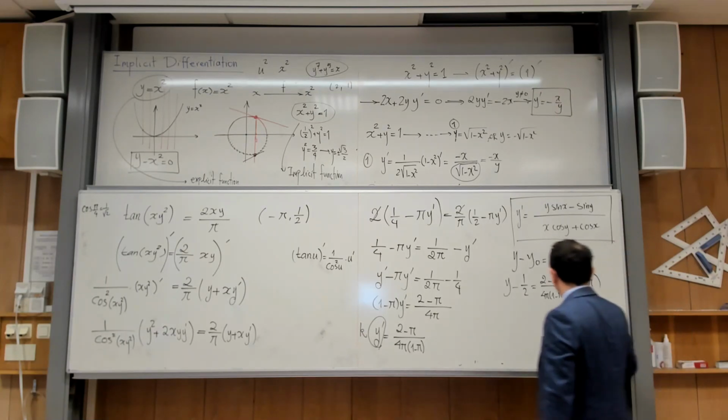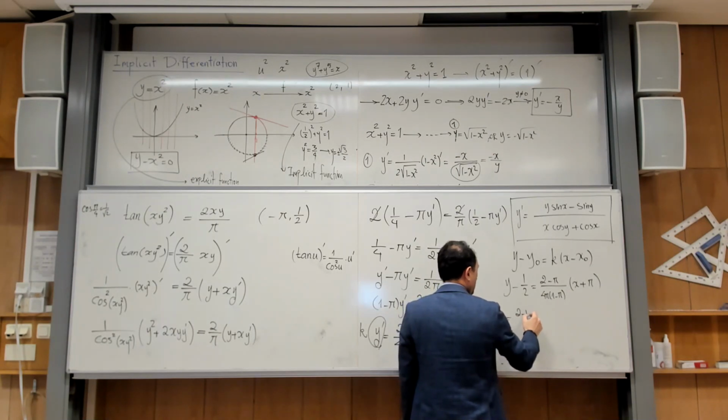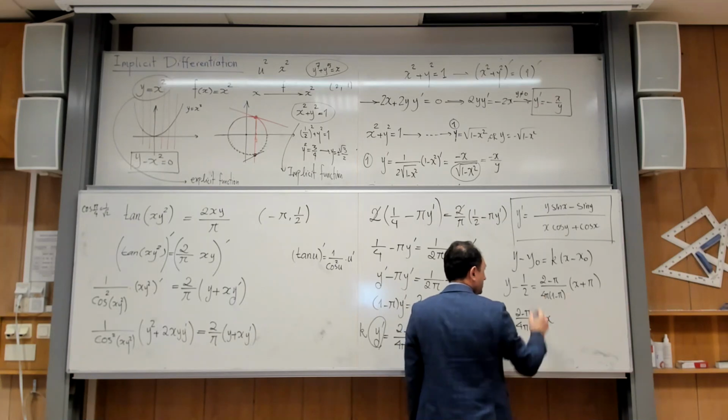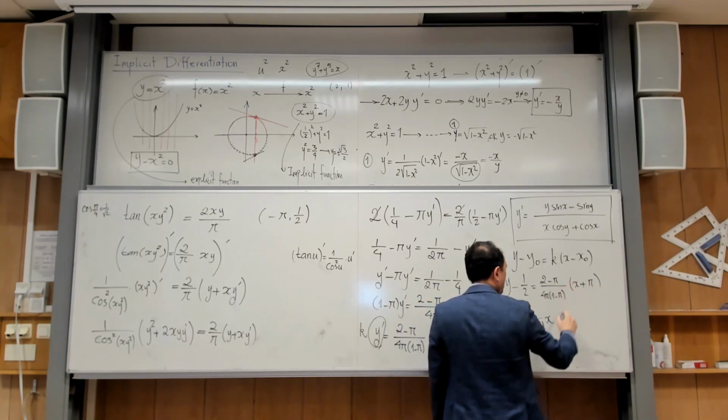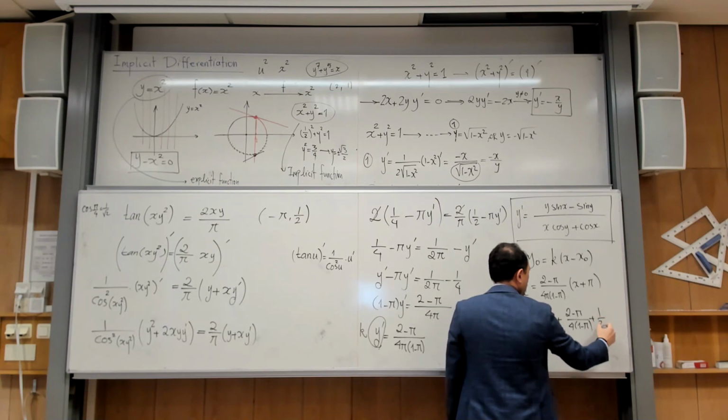It's a little bit complicated, but so y becomes (2 minus pi) divided by 4 pi (1 minus pi) x, and then I multiply pi here, this pi cancels that pi, and then I move 1/2 to the other side.